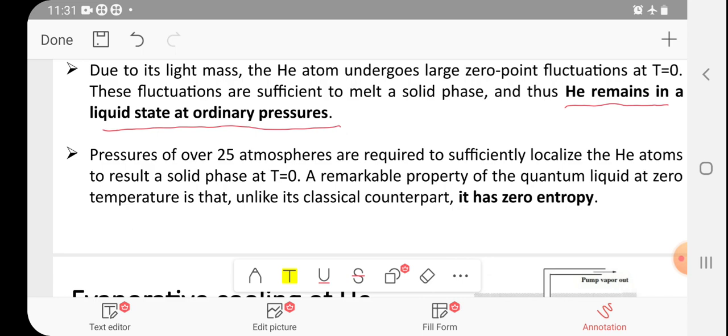A remarkable property of the quantum liquid at 0 temperature is that, unlike its classical counterpart, it has 0 entropy.